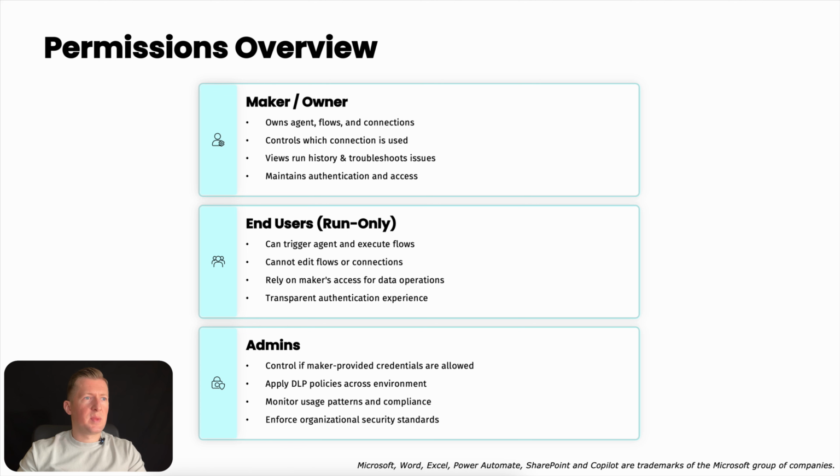The admins control if maker-provided credentials are allowed, apply DLP policies across the environment, monitor usage patterns and compliance, and enforce organizational security standards. These are the permissions overview for these three user types.